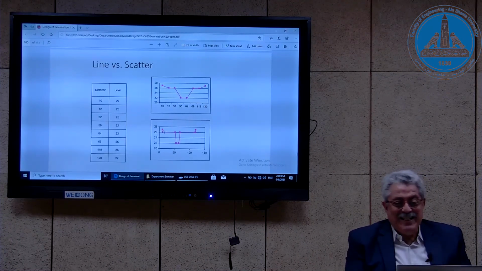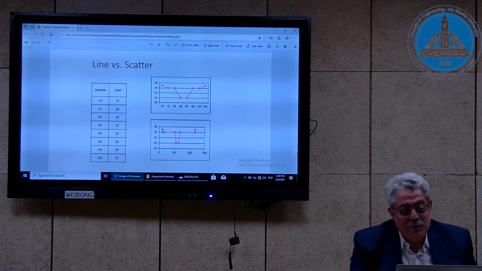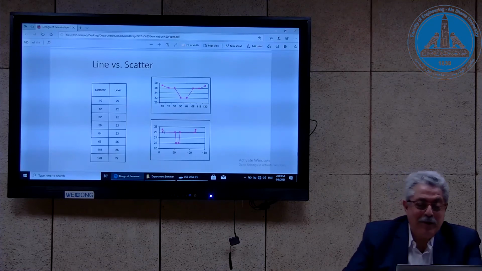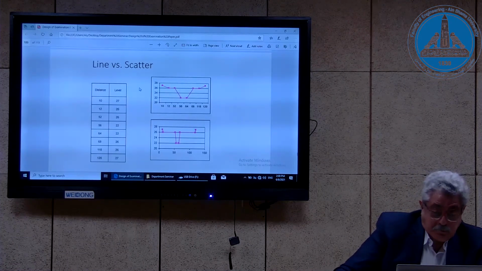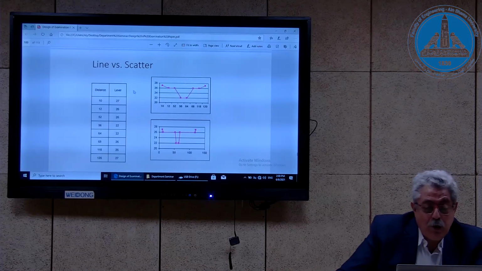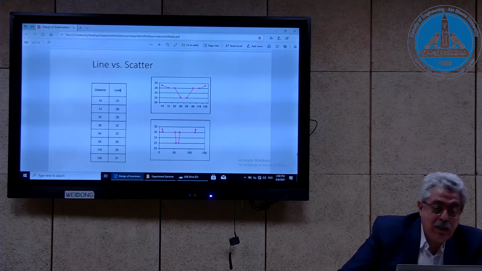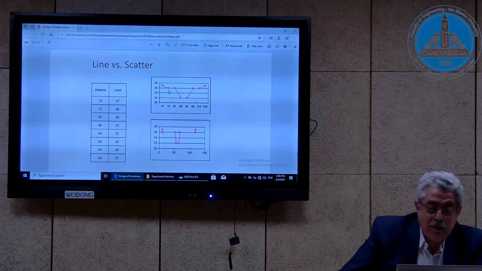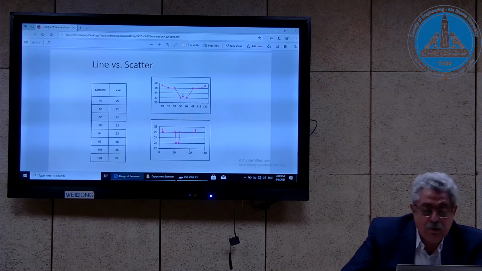The last mistake on this list is, like this is a cross section of an irrigation canal, and we can either use the line graph or the XY scatter. There is a big difference. Why? Because in the line graph, the distance between the points is the same irrespective of the values, and the x-axis values appear here.